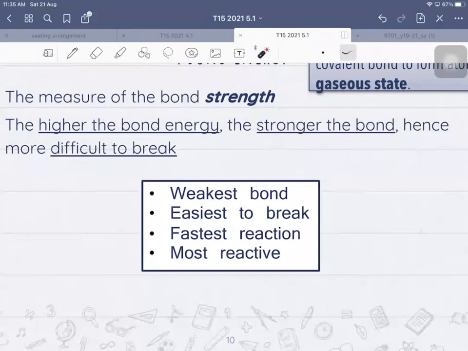Usually we look at something that can be observed by our eyes, in terms of numbers, in terms of volume of gas, in terms of reactivity, effervescence.